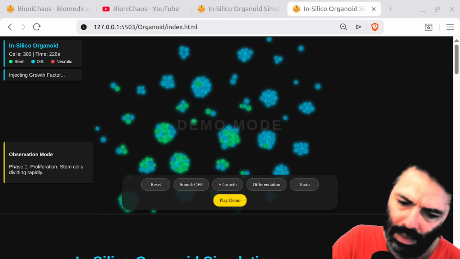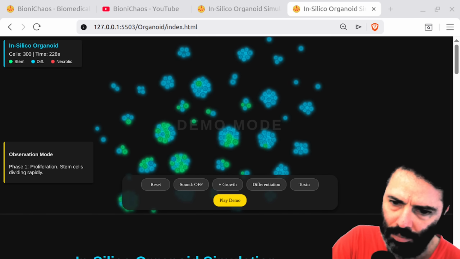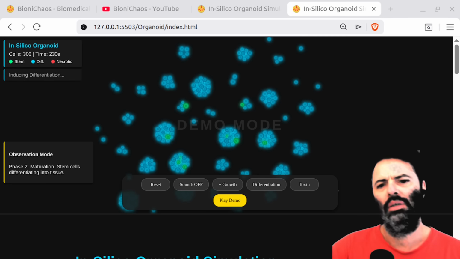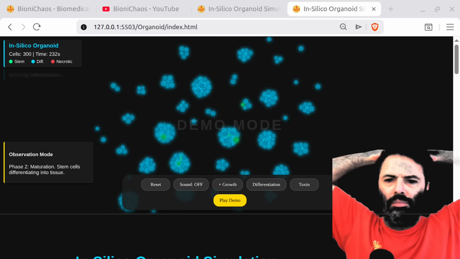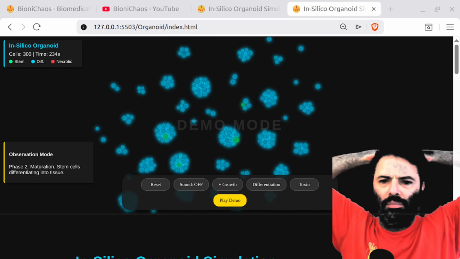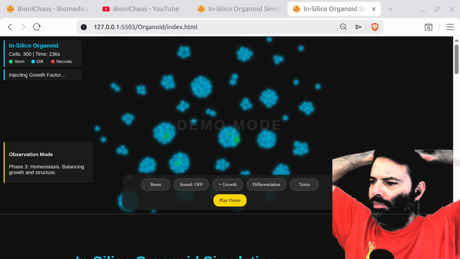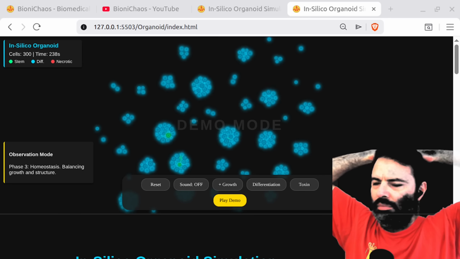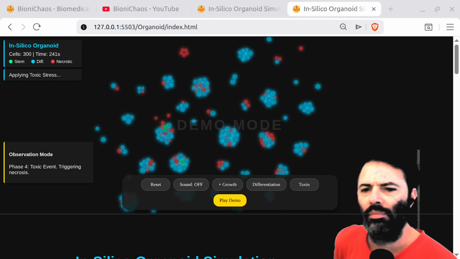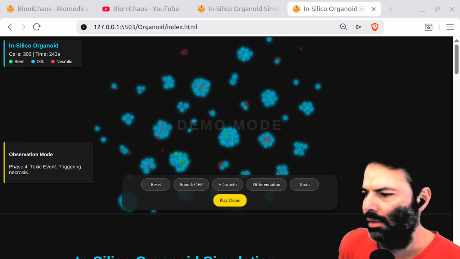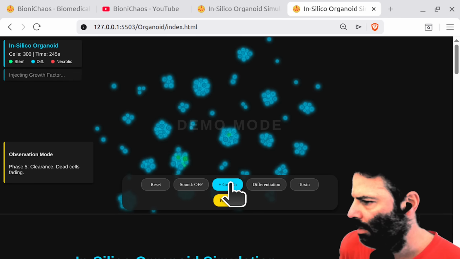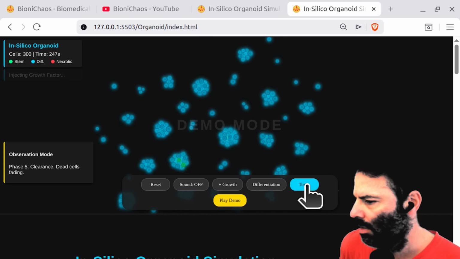Simple answer, yes, that's normal behavior. The plus growth button is working, but it only adds cells if there are green stem cells available to divide. During demo phase 1, lots of green stems, so plus growth adds many cells. During or after phase 2, differentiation, green cells become blue, so plus growth shows injecting, but nothing gets added, no green to divide.